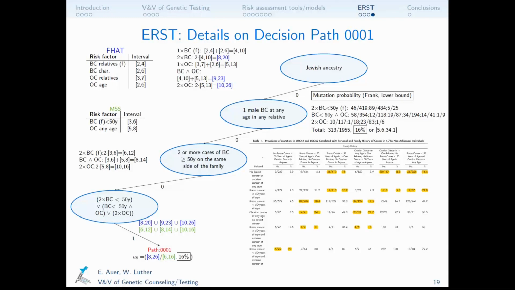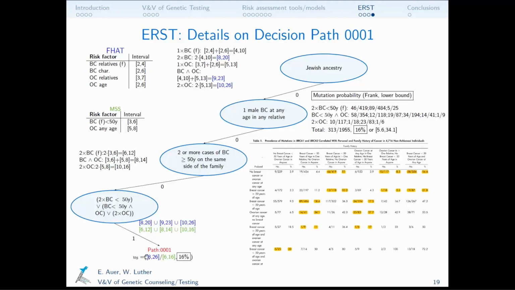So, for each of these criteria, we need to provide interval scores from this tool and from this tool, because the criteria that we have here do not map one-to-one to the criteria from these tools. Yes, that's why we get these intervals for each of the 3 sub-criteria, and then we need to build the union of these intervals to provide the final answer.